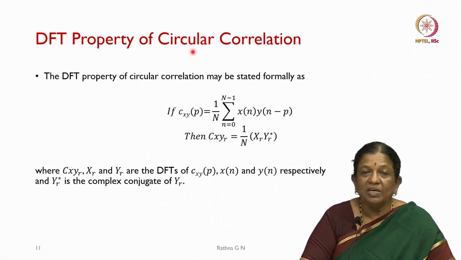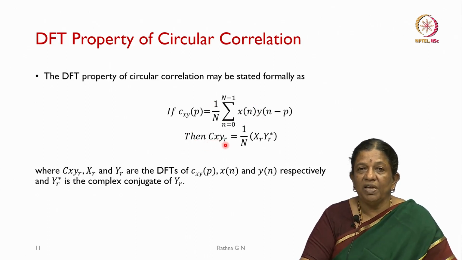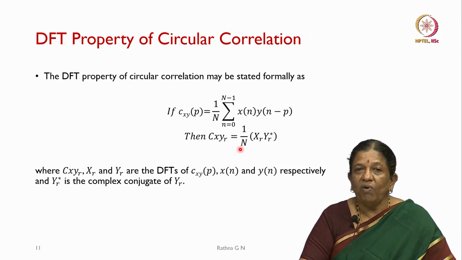Now we will see some of the DFT properties of circular correlation, just as we did for convolution. It may be stated formally: if Cxy of p is given by this equation, then the correlation Cxy of r is equivalent to 1 by N times Xr into Yr conjugate.